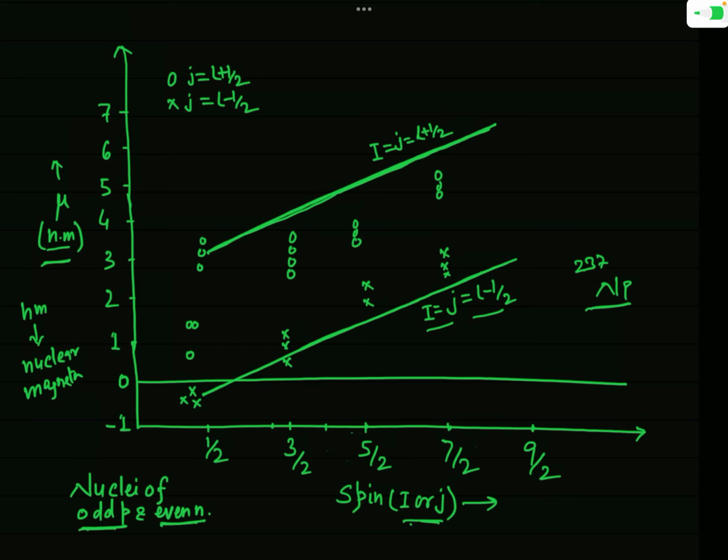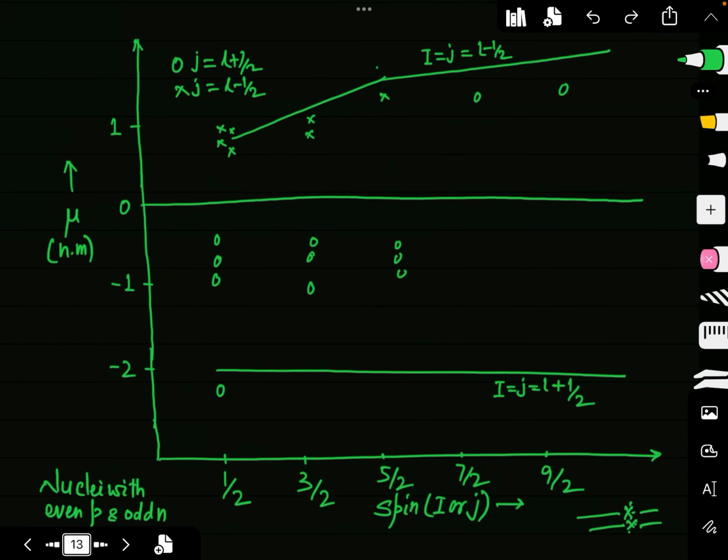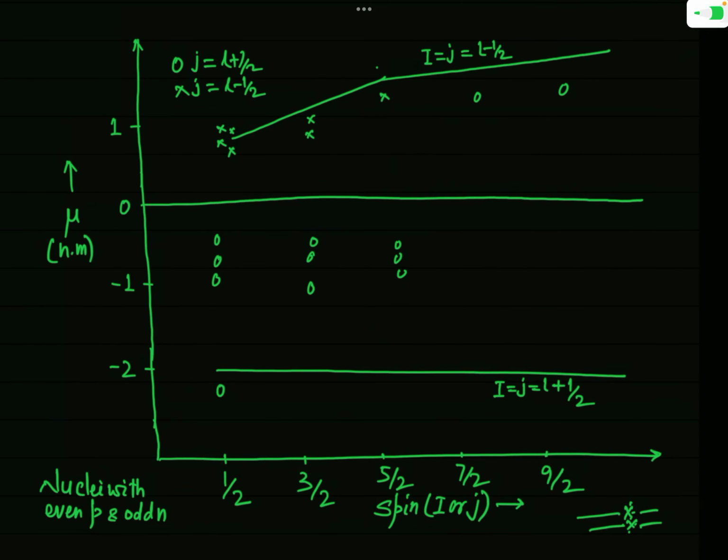Now, similarly, you can see if we plot a graph of mu in against J for a nucleus which has even P but odd N, then the curves obtained are shown in this figure.